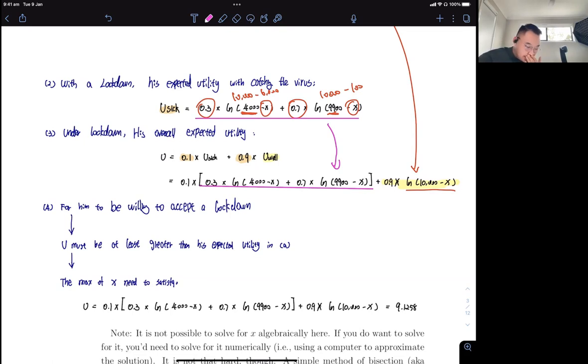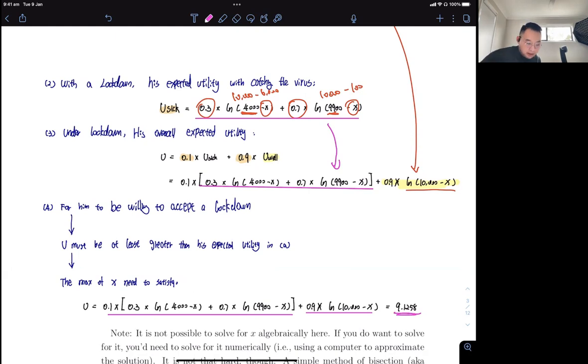So that is saying that what we have calculated above, U equals 0.1 times [0.3 times log 4,000 minus X plus 0.7 times log 9,900 minus X] plus 0.9 times log 10,000 minus X, needs to equal 9.125.